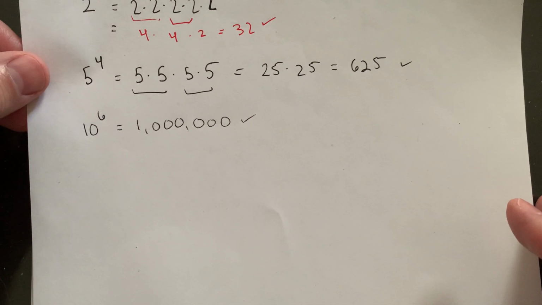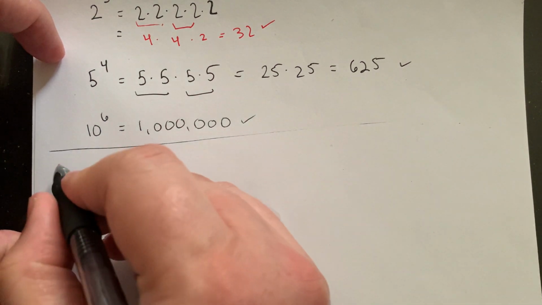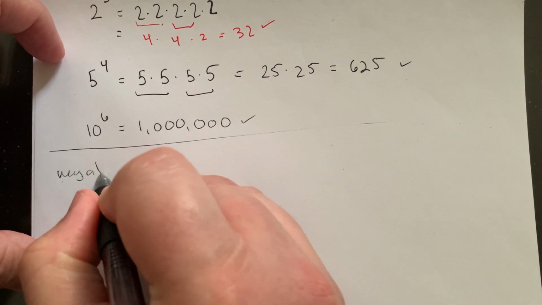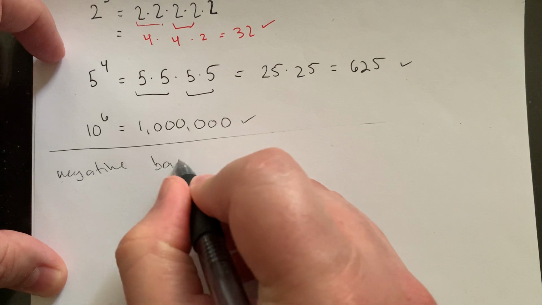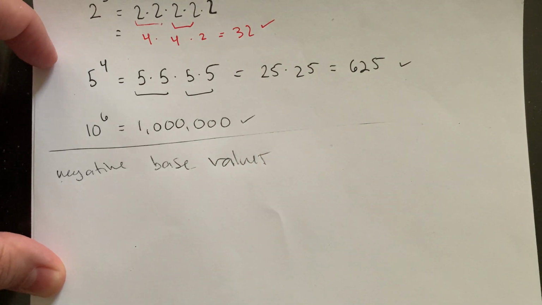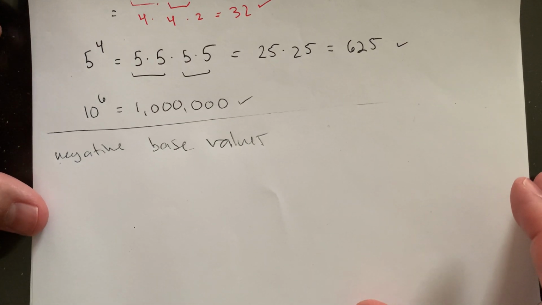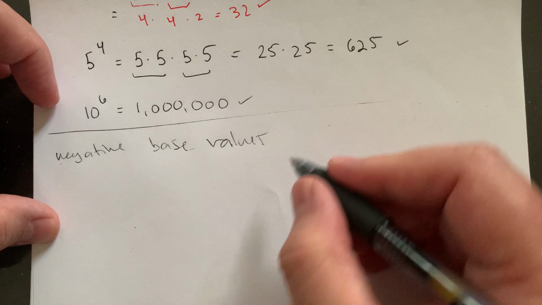The other thing here that's interesting, you can use negative numbers as your base value, so negative base values, and that's going to show up a couple different ways.